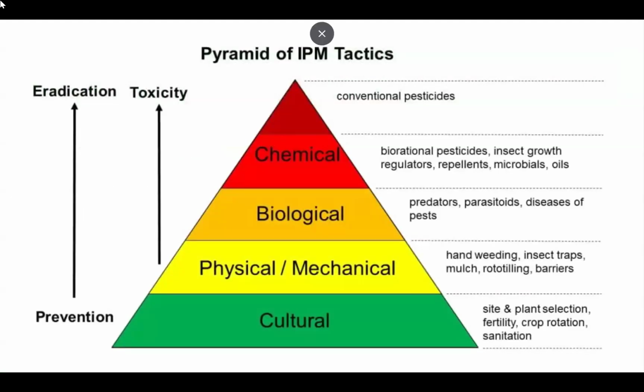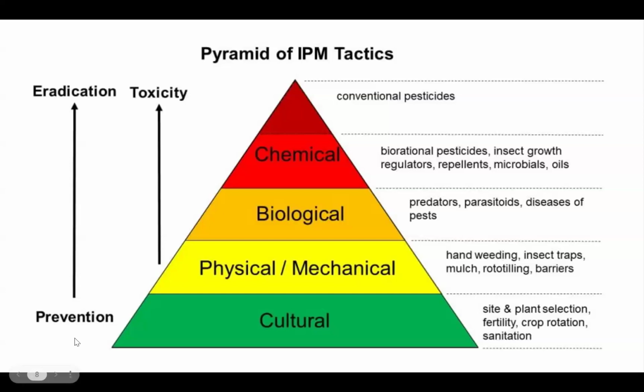So here is a pyramid of integrated pest management tactics. And a lot of us last year jumped right into chemical because we noticed that things were already utterly destroyed by grasshoppers and we were desperate to do something. And so people jumped right into the top of this pyramid and started applying chemicals. But now that we know, and I'm going to explain more why, this is going to be another bad grasshopper year.